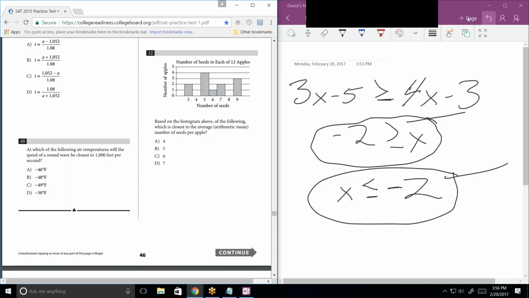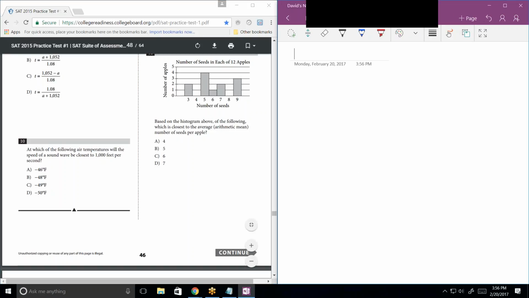They don't usually ask you these kinds of problems given that kind of a chart.